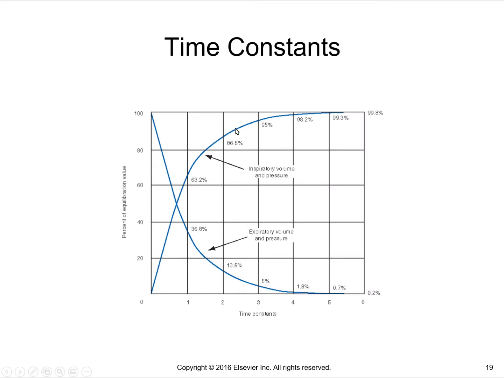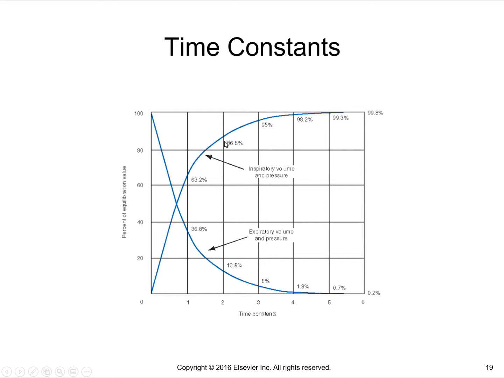Based on this graphic, at one time constant, the alveoli will roughly fill about 63% on inspiration, and on expiration, 36.8% of the volume and pressure is left. If you're looking at the inspiratory limb of the time constant graph, at one time constant it fills 63%.